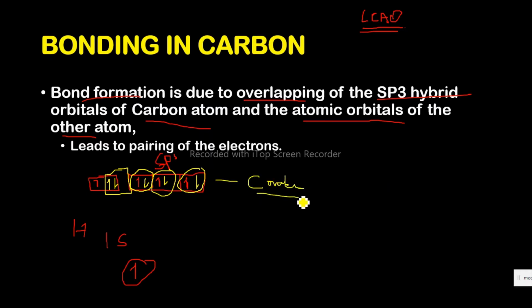Why covalent? Because it is formed by sharing. The electrons are being shared, but the shared electrons are contributed by both parties. All atoms are contributing the electrons. So basically that's how bonding occurs.